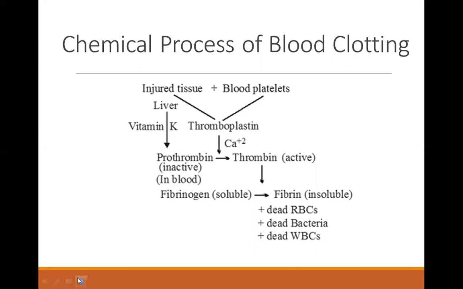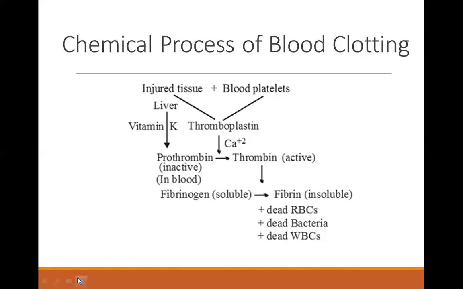Thromboplastin is a component that is present in our blood. When platelets are activated, thromboplastin comes into action. Then when damage occurs in the tissue, the calcium concentration will be increased.